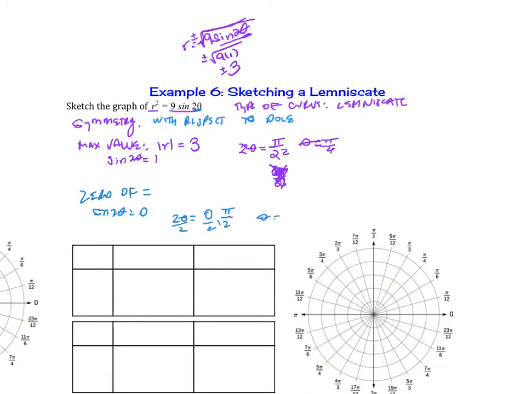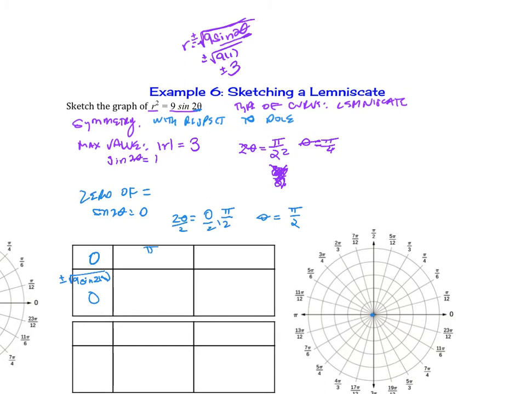We know that it's going to be 0 at theta equals 0 and pi over 2. So let's plug in some values here. Let's plug in 0 first of all, and we know we're going to get a 0 at that point, but let's go ahead and do it. So plus or minus the square root of 9 sine of 2 times 0. That's going to be 0, so we start here.